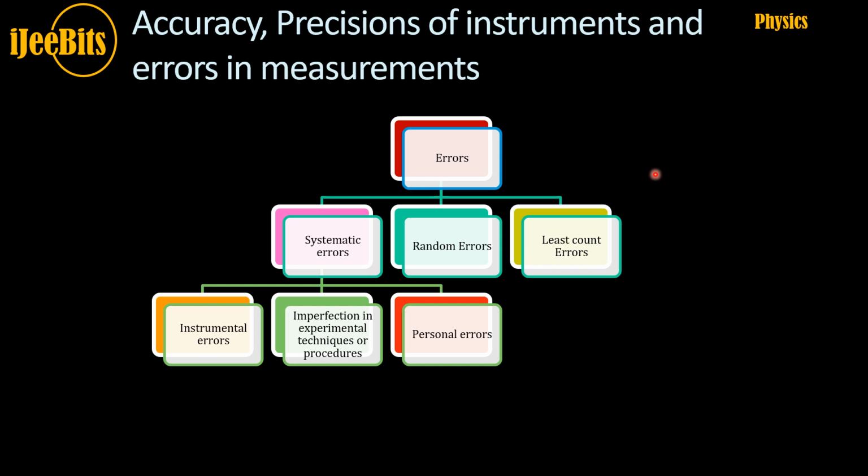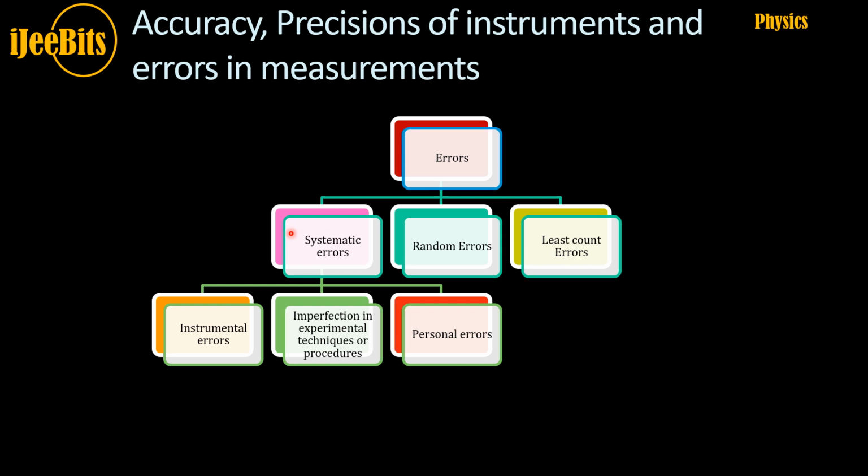Some sources of systematic errors are instrumental errors, imperfection in experimental techniques or procedures, or personal errors like parallax errors. Another topic we can study is random errors. Random errors are those which occur irregularly, and hence we call them random behavior, random with respect to sign and size.